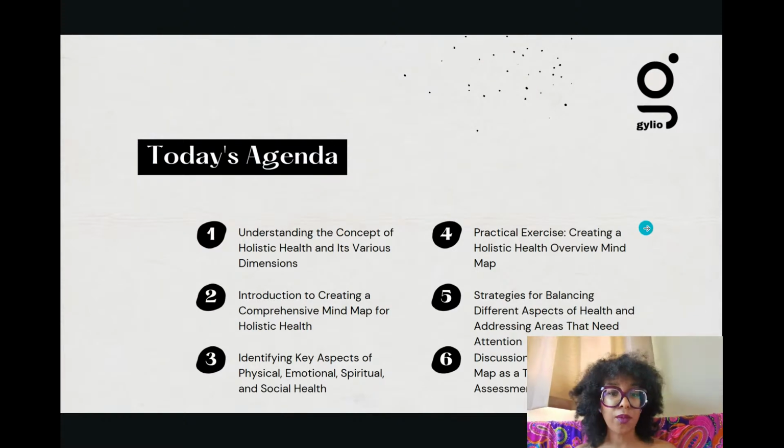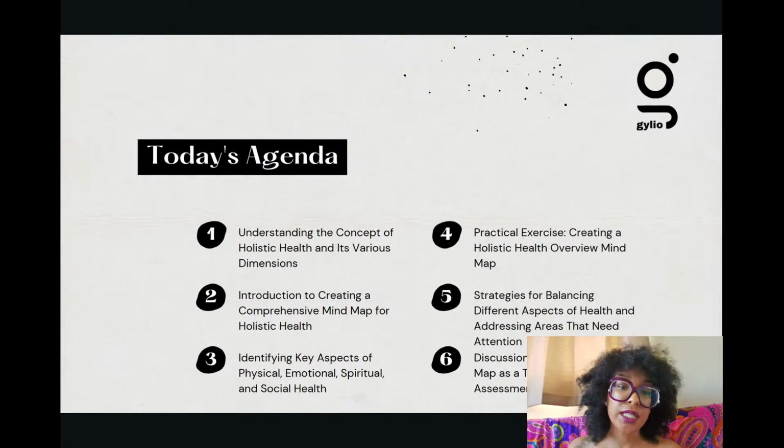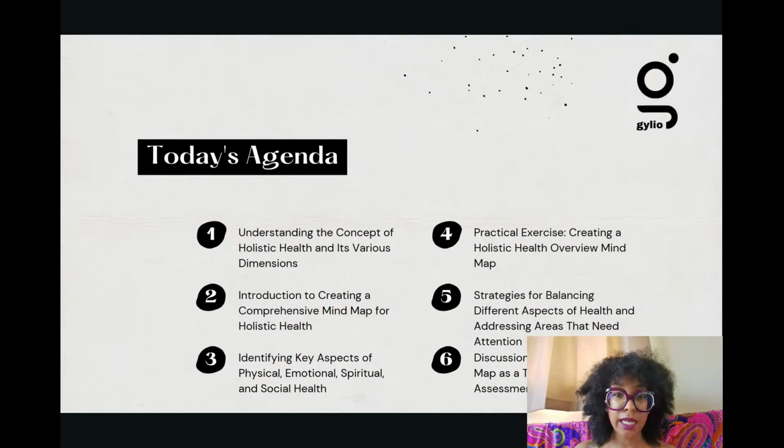Today we're going to cover understanding the overall concept of what holistic health is and its various dimensions. We're going to get an introduction to creating a comprehensive mind map for holistic health, and we're going to identify key aspects of physical, emotional, spiritual, and social health.